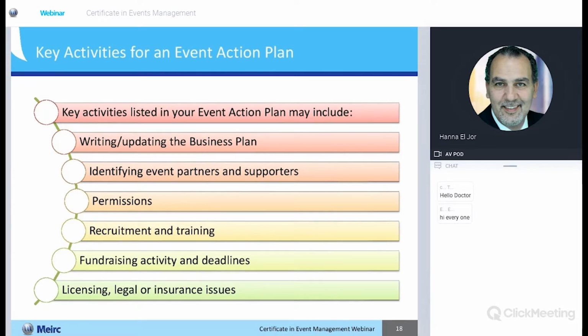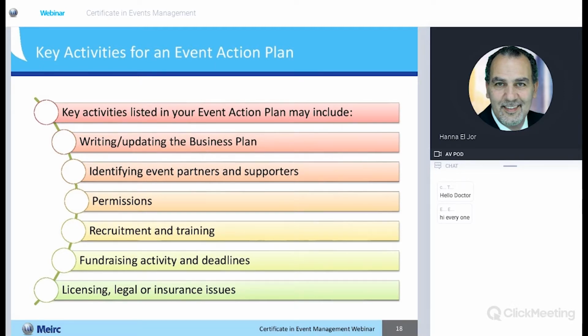Second, identifying the event partners, sponsors, supporters. Then, in case we need any licenses or permissions to do this event from government or from private entities, we need to get all of those permissions and licenses.